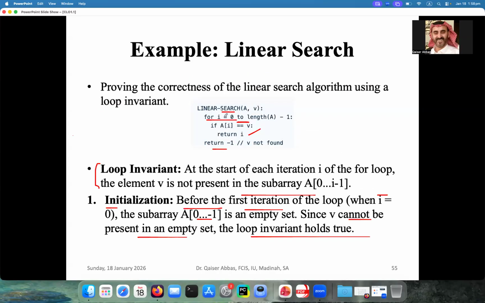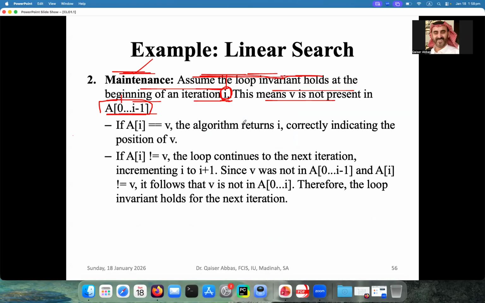So anyhow, in this algorithm, for the ith iteration, you are checking whether the item is equal or not. There are only two possibilities: either it is equal or not.